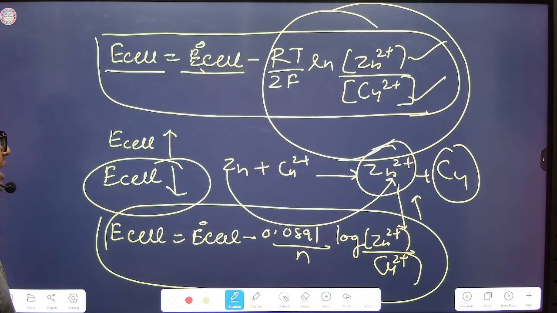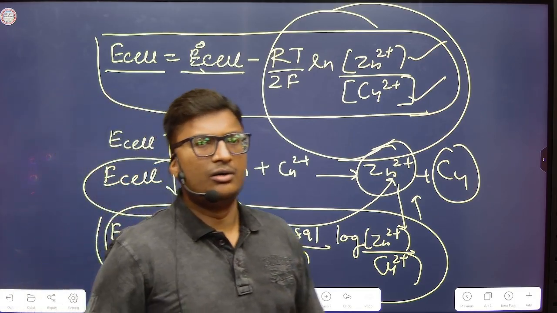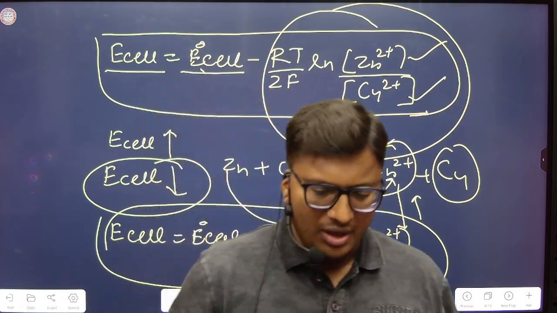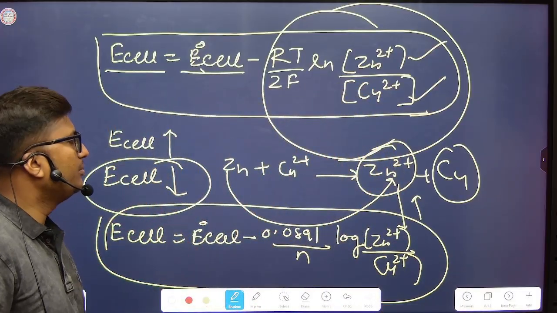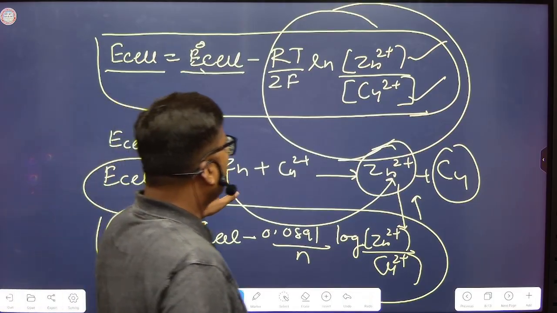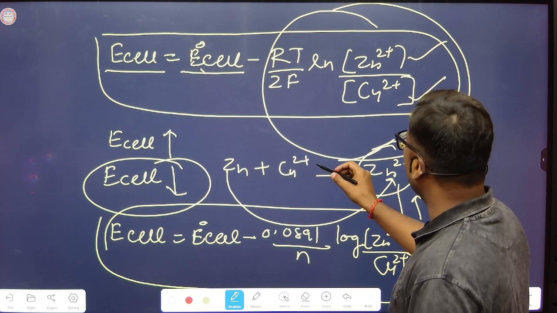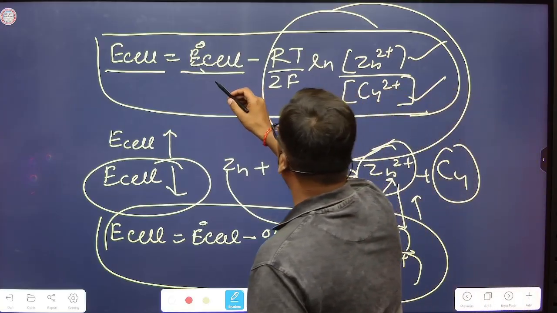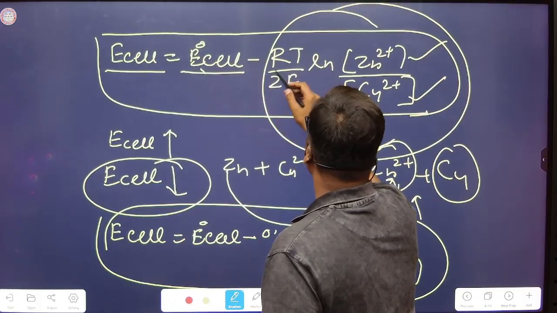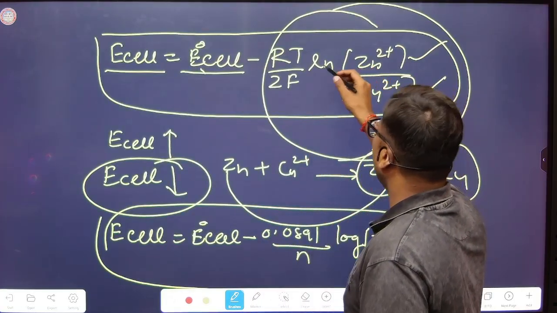So after some time, E cell always decreases, meaning once an electrochemical cell is formed, there is a decrease of cell potential over time, because the concentration of zinc 2+ is very high and the concentration of copper 2+ is very low, negligible. So it approaches almost E naught cell, and the value of this part will be approximately equivalent to E naught cell.